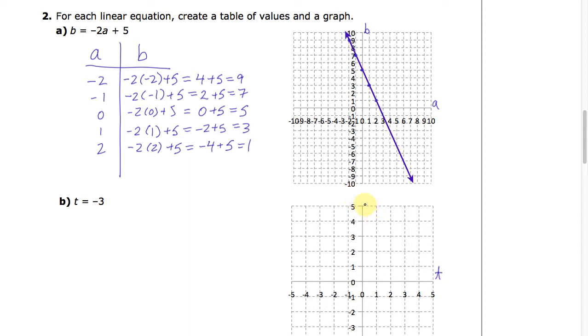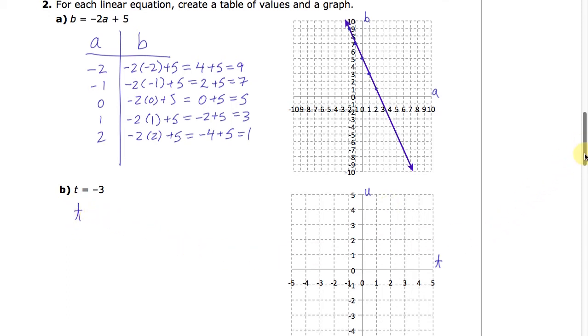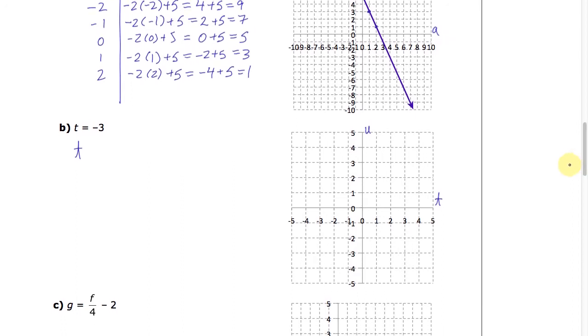There is no other variable, but let's say that I just put another letter here, and let's make it u. And so I'm making t my independent variable, and u is my dependent variable. And I'm going to take a look at what happens here.